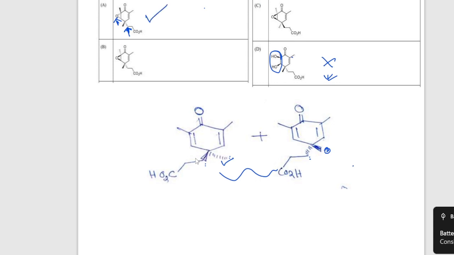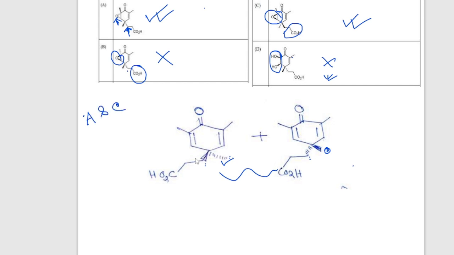So this is one of the correct answers. Now come to the next option. You can see that this group is on the downside, but this epoxide ring is on the upside. So this is not the correct option. In the last one, this group is on the upside and this epoxide ring is on the upside. So this is one of the correct answers. So the two correct answers are A and C.